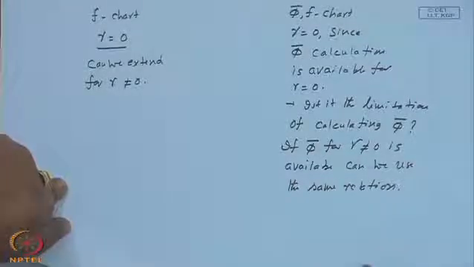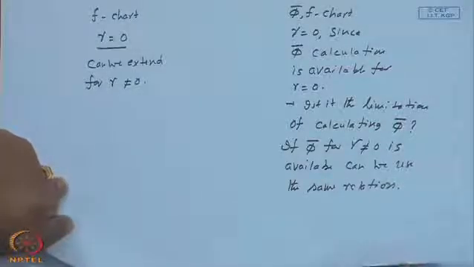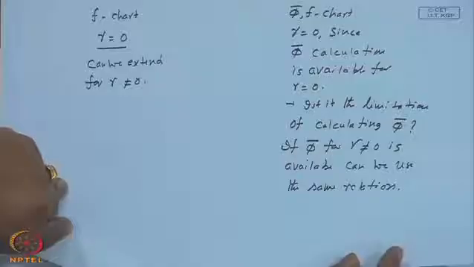Of course, the question also comes in because this has been developed more than 2 decades back. So, computation cost at that point of time was much higher, computation power was limited.